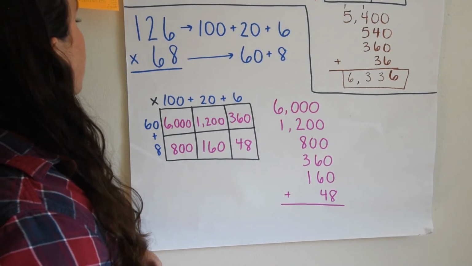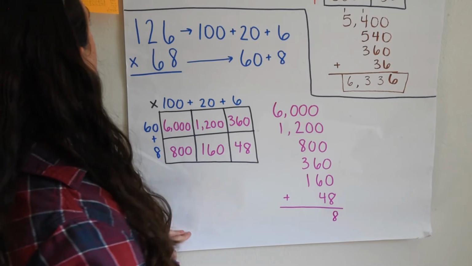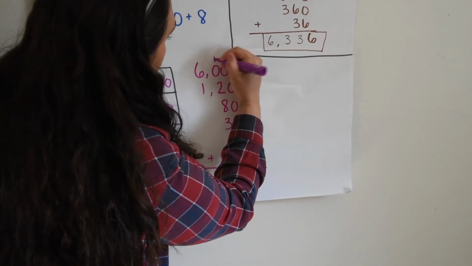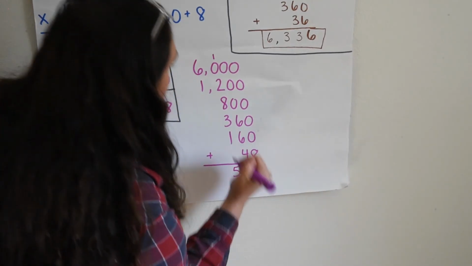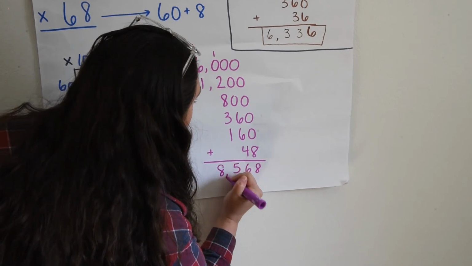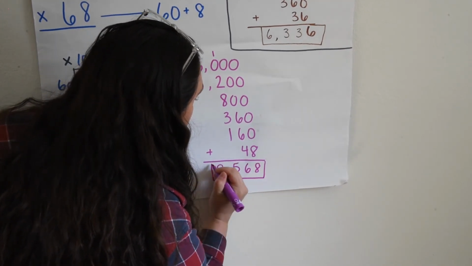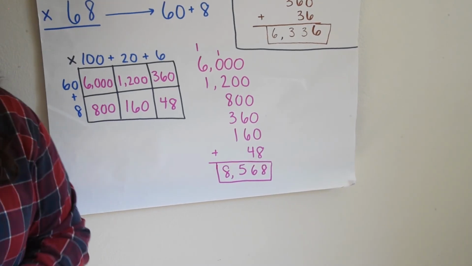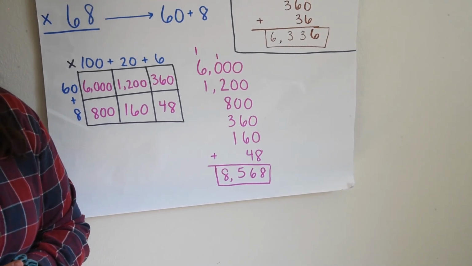So when we're adding up, I have 8 in my ones place. I'm going to have 16. Carry my 1, don't forget to add it. 15 and 8. My answer is going to be 8,568. So these are some quick ways to just review how we're using box method.